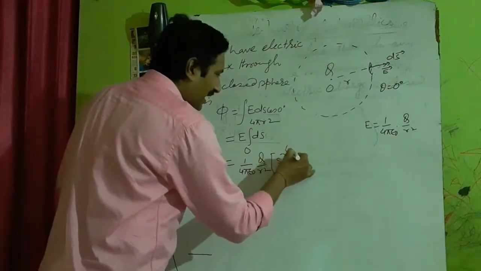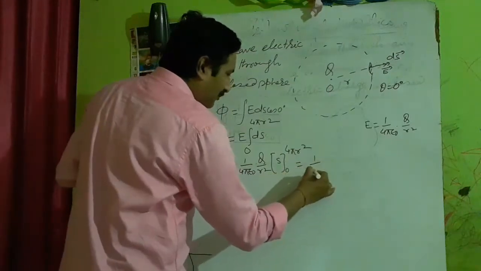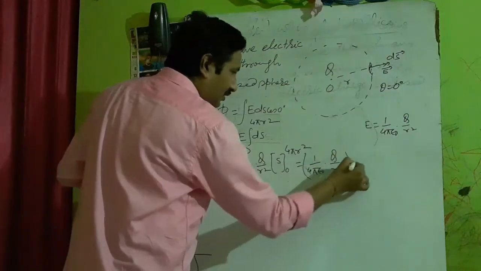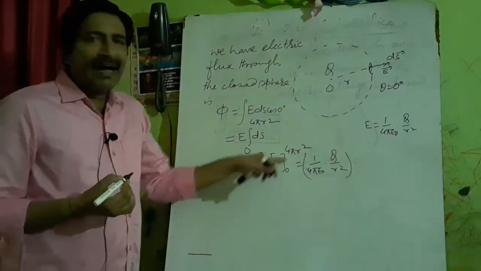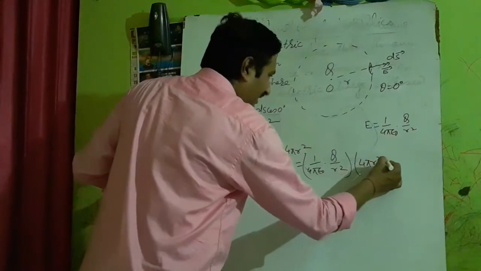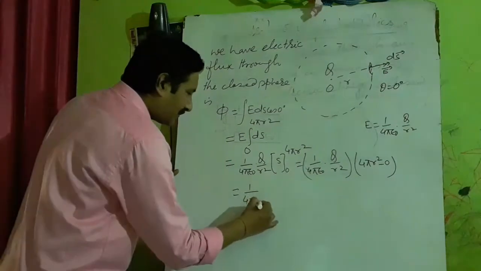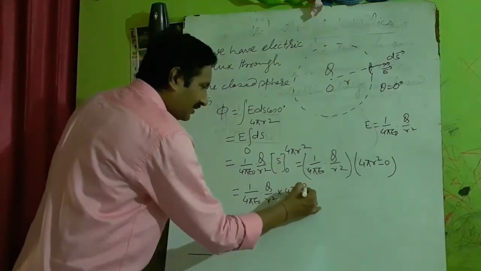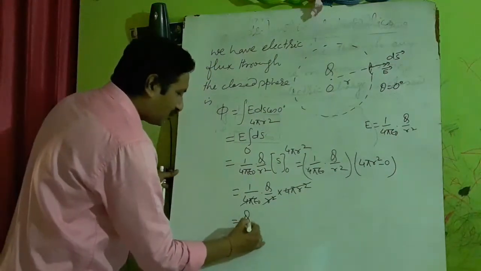This is 0 to 4 pi r square. You can write it 1 by 4 pi epsilon naught q by r square into, put 4 pi r square in place of s, minus 0, you will get 4 pi r square. Means 1 by 4 pi epsilon naught q by r square into 4 pi r square. This 4 pi r square will be cancelled out and ultimately you will have q by epsilon naught.